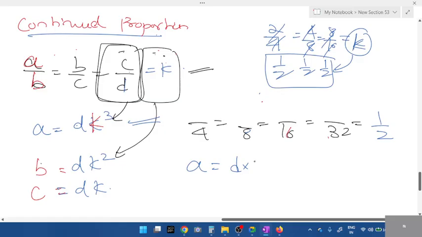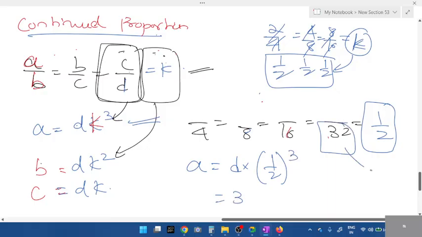D into K cube. What is the K value, students? 2 cube. What is the D value? The last one. Last is D. 32 into, what's the value of A? 4. How come 4?